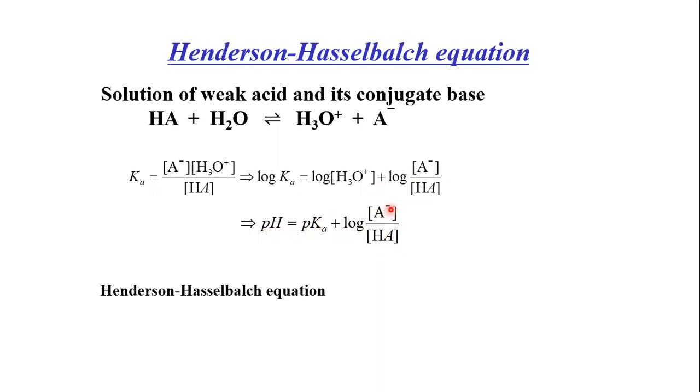So if you have A minus and HA in solution, both species are present, I can use this equation to calculate pH. Clear? Okay, so this becomes nice when you have both A minus and HA, and we're going to see this when we do the derivation of some acid-base couples, or when we actually calculate maybe the A minus and HA concentration at equilibrium.